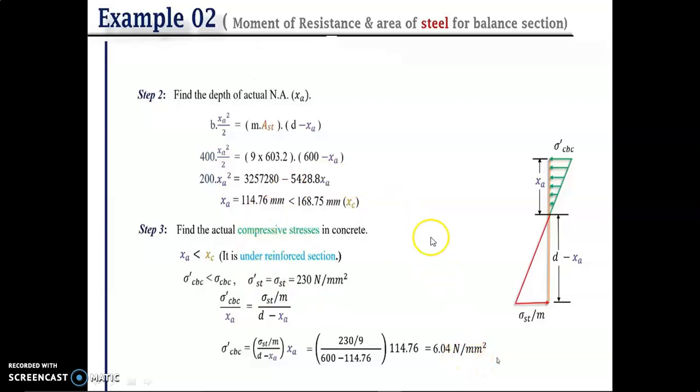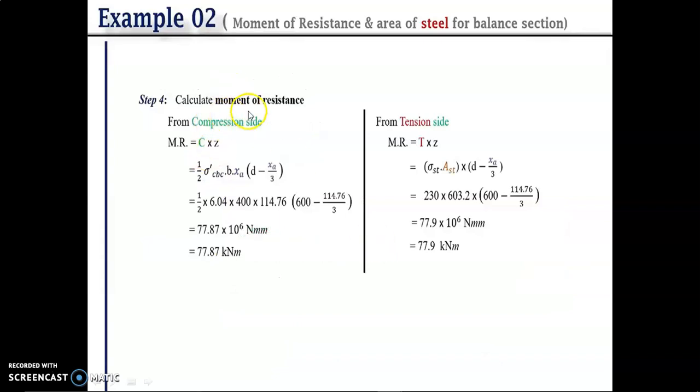Now we put this value in our moment of resistance formula. We know the compression side and tension side formulas, so we simply put the values in the formula and get the moment of resistance. Here we get the moment of resistance for the compression side as 77.87 kilonewton meter, and for the tension side 77.9 kilonewton meter. So these are the values we get from the different formulas.